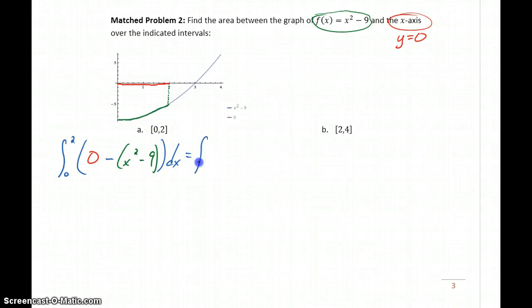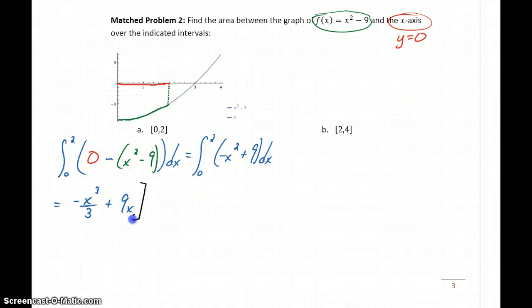dx, or we can rewrite this a little more simply as the integral from 0 to 2 of negative x squared plus 9 dx. So integrating will give us negative x cubed over 3 plus 9x, and then we'll want to evaluate this from x equals 0 to x equals 2.